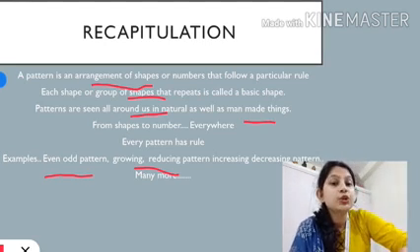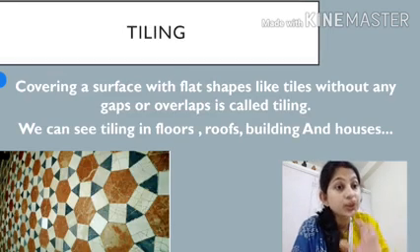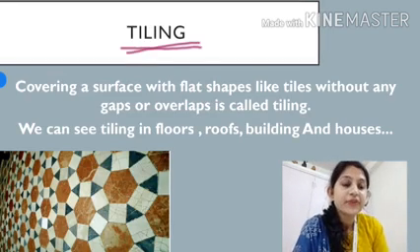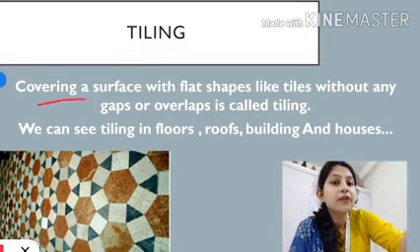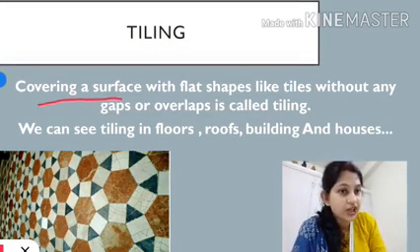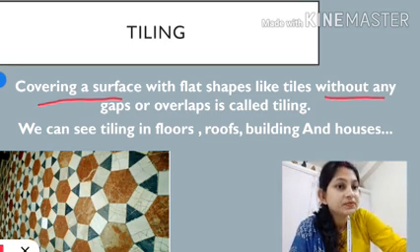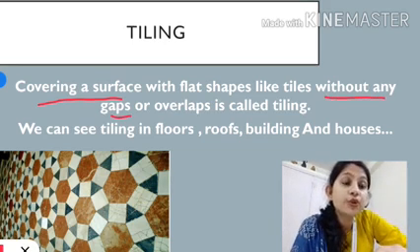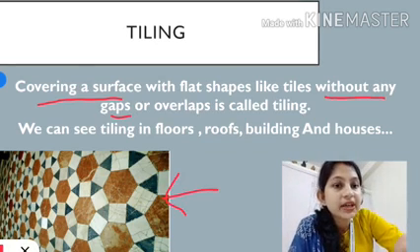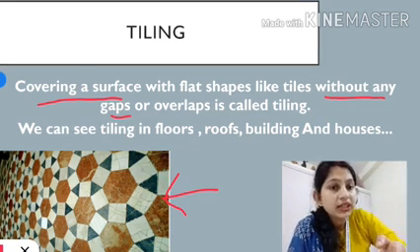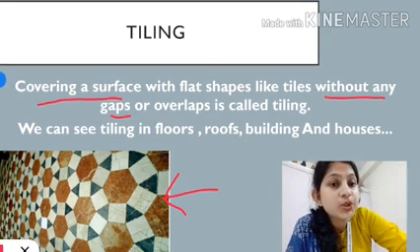Now today we are going to deal with a new concept, that is tiling. So what is tiling? Tiling is covering a surface with flat shapes like tiles without any gaps or overlap. See here in this picture, you can see a few shapes that have been kept near one another, and there is no gap between two shapes.